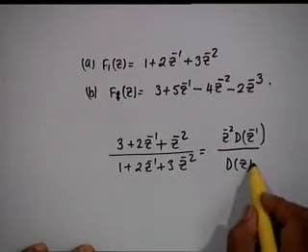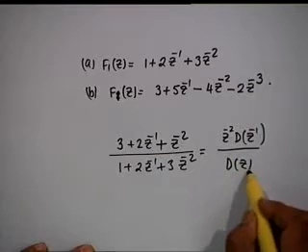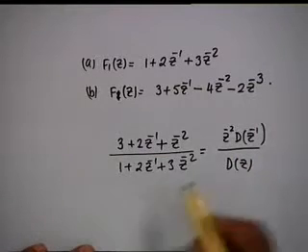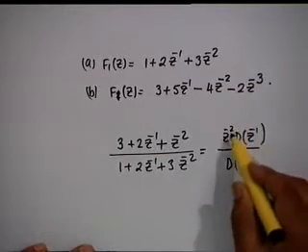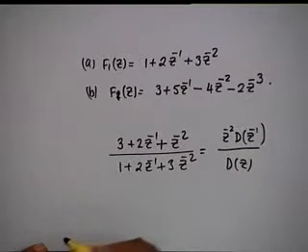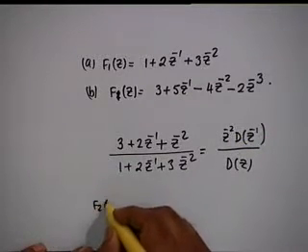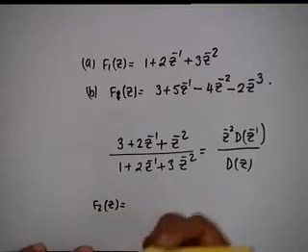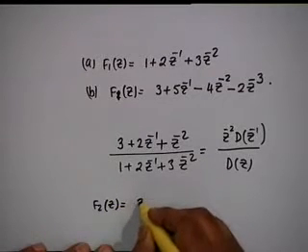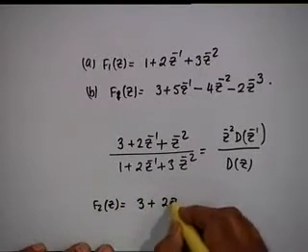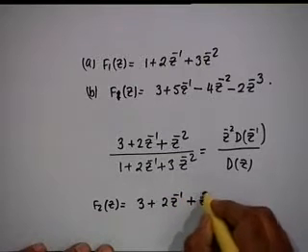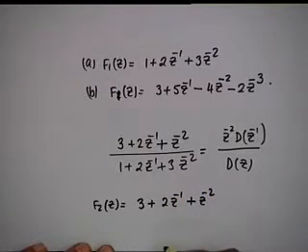In other words, if z0 is a zero of D(z), then 1 by z0 is a zero of the numerator. And therefore, my obvious choice would be f2(z) is 3 plus 2z inverse plus z to the minus 2. Just reverse the coefficients.